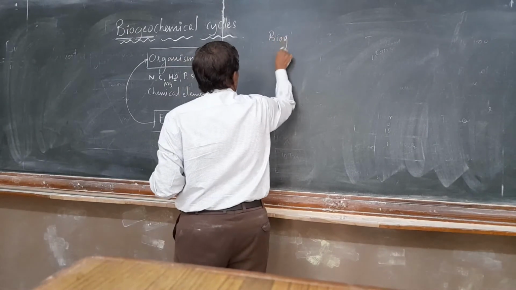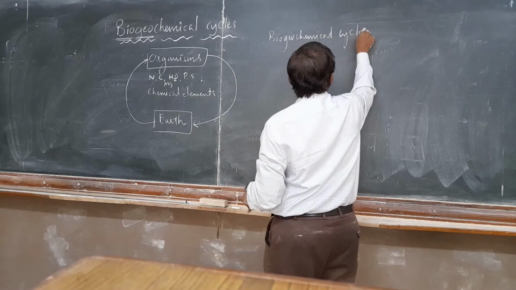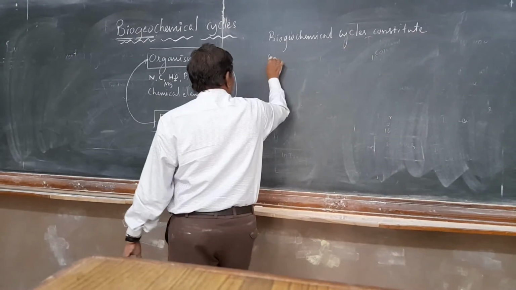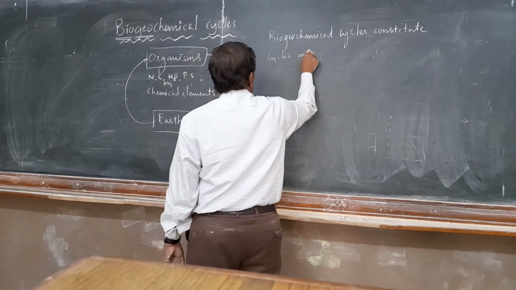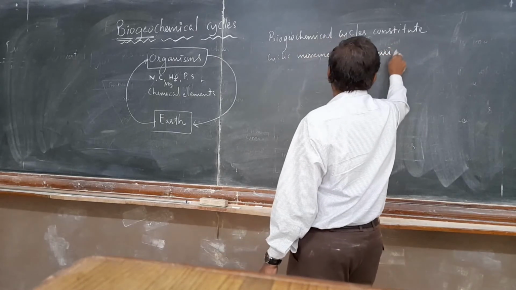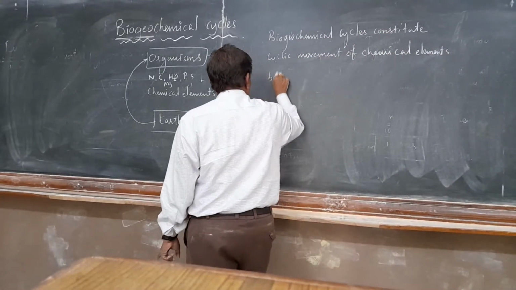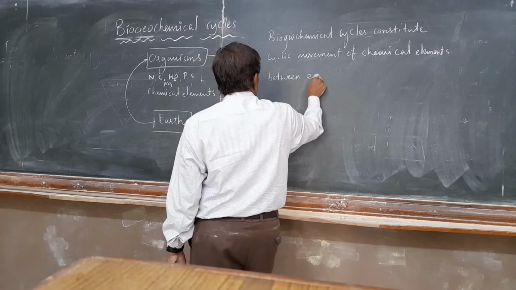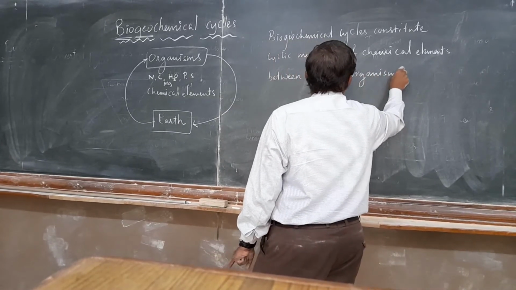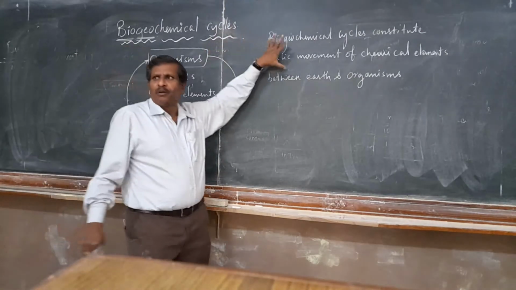Biogeochemical cycles constitute cyclic movement of chemical elements between earth and organisms. Okay, this is how we define biogeochemical cycles.